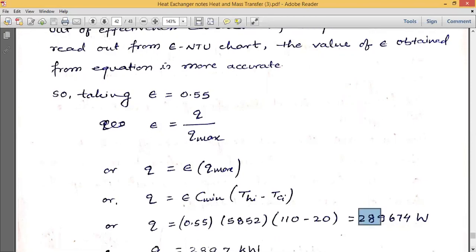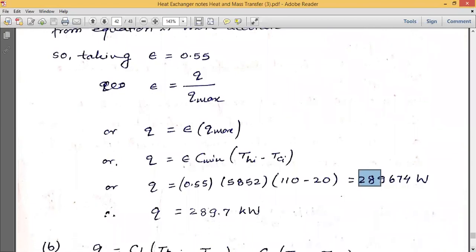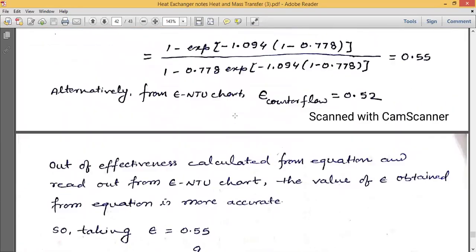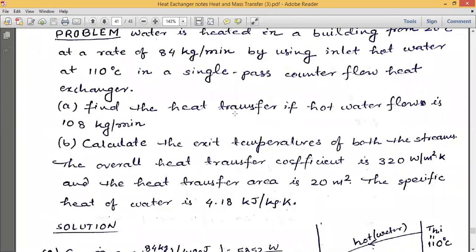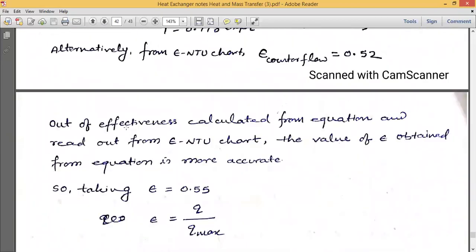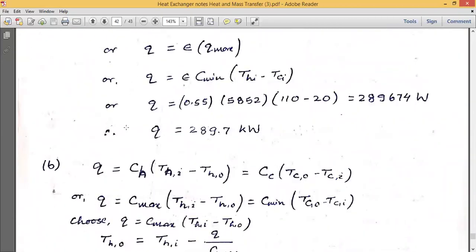So this is the first part of the problem. The problem for the first part was to calculate the heat transfer: find the heat transfer if the hot water flow is 108 kg per minute. So in this way we have done the calculation for the heat flow.